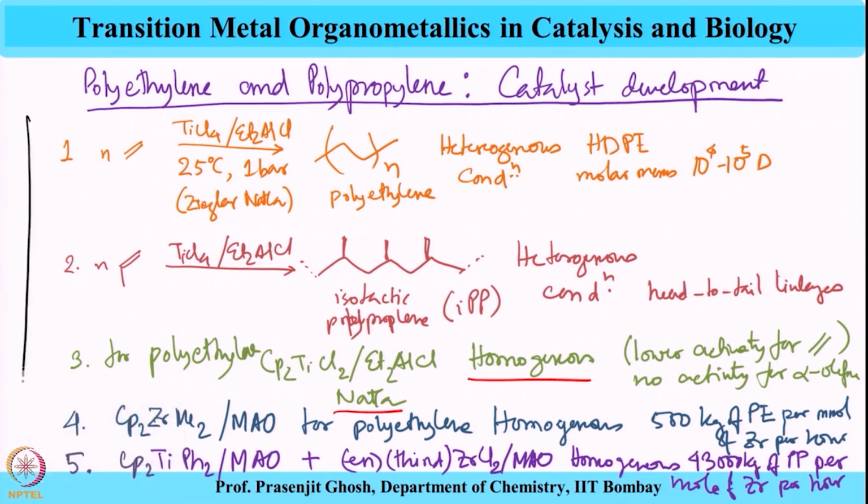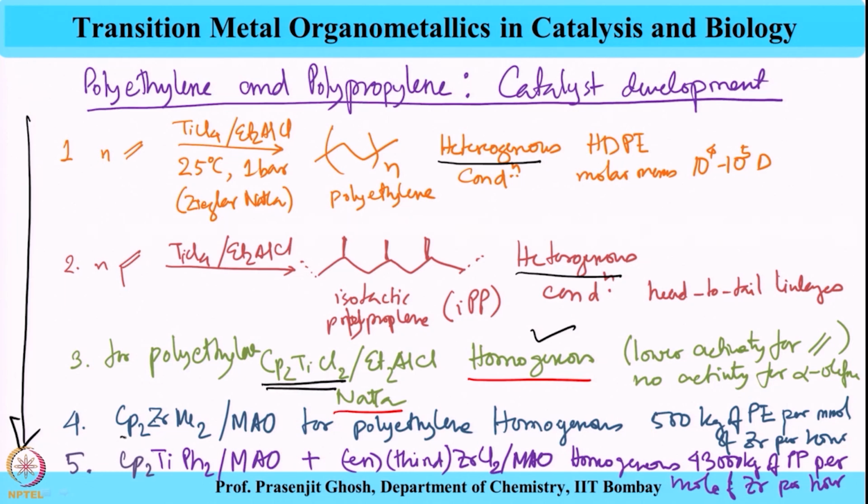The point to note is that this is a timeline of development. The first is heterogeneous for polyethylene, then heterogeneous for polypropylene, and then the first homogeneous came with this Cp2 system, homogeneous for polyethylene.